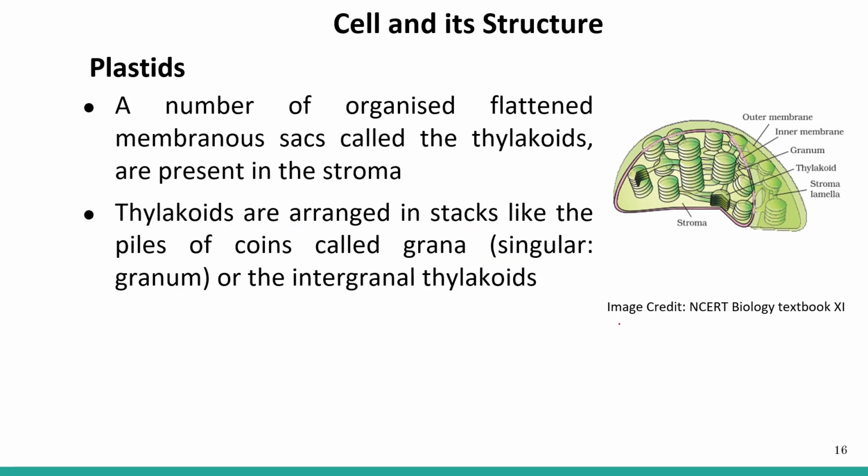A number of organized flattened membranous sacs called thylakoids are present in the stroma. Here you can see thylakoid-like structures stacked one above the other. Like if you put a number of coins one above the other, it forms a pile of coins, right?